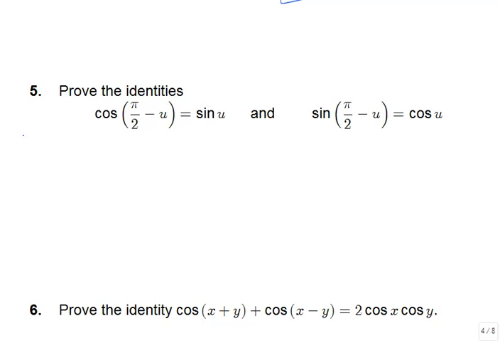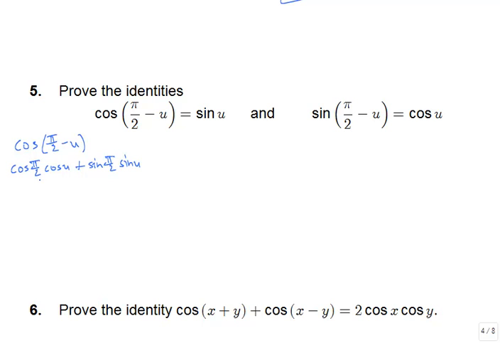So according to our difference formula for cosine that we now know, we can take the left side of this equation and we can apply our difference rule to it. So it would be cosine of the first angle, cosine of the second, plus sine of the first, sine of the second.